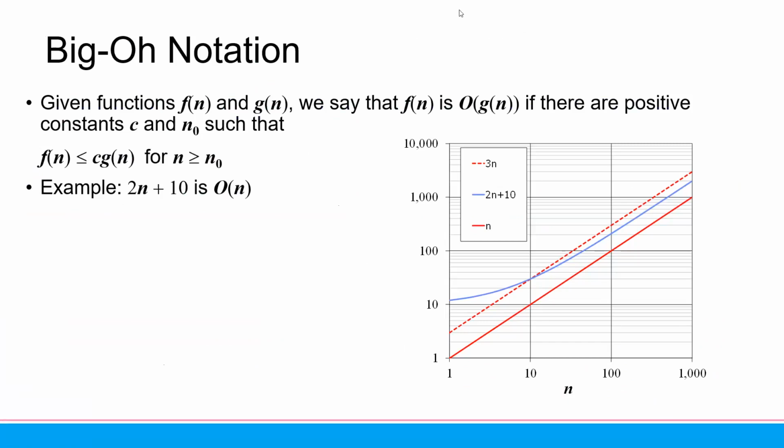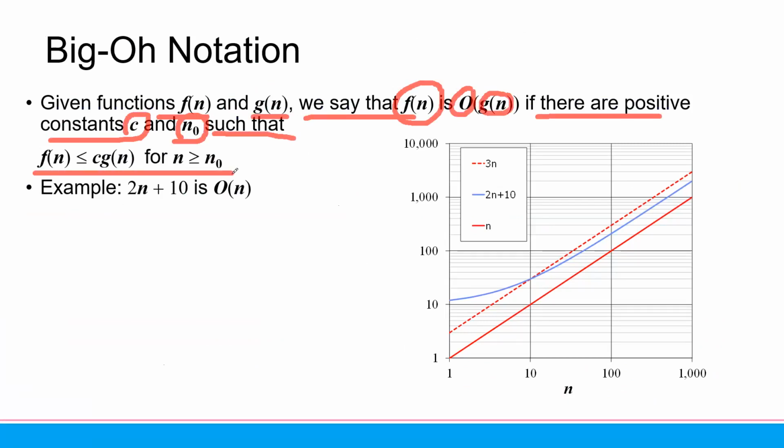Given functions f(n) and g(n), we say that f(n) is O of g(n) if there are positive constants c and n0 such that we have the following condition. f(n) should be less than or equal to c, the constant, multiplied by g(n).